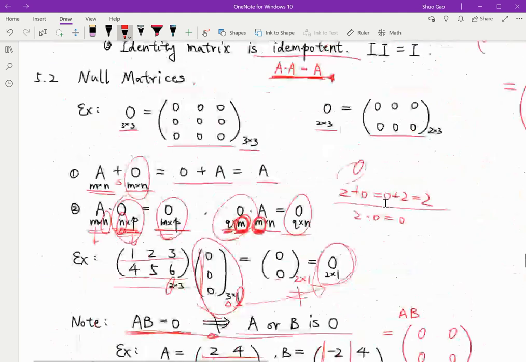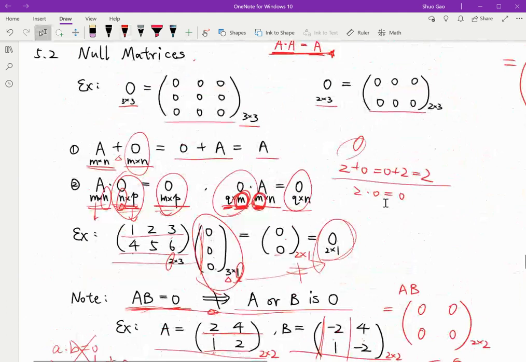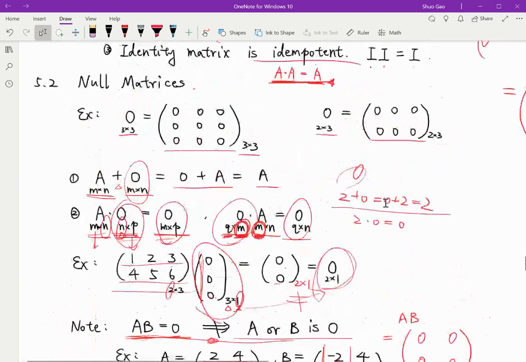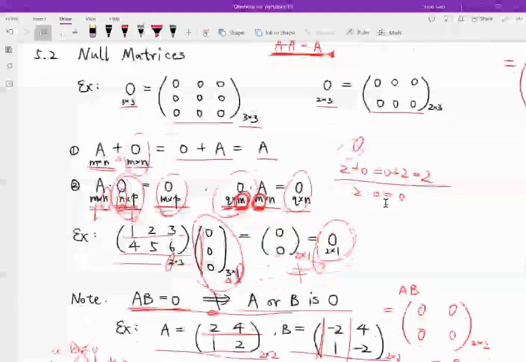So even though the identity matrix and null matrices are kind of like number 1 and number 0 when we learned the number algebra, they have some differences, right? Because they're matrices, they're not numbers. So you have to pay attention to that. Okay, so this is the null matrices.